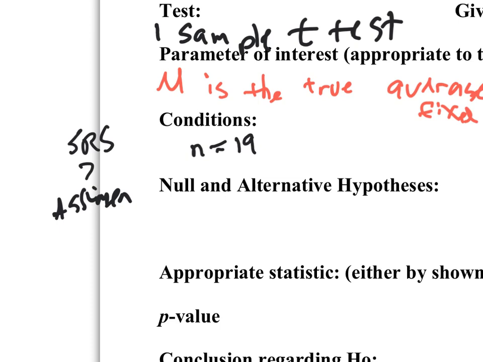Strong skewness is bad, right? So how am I going to find that out? By graphing.